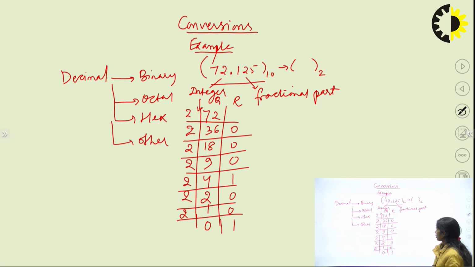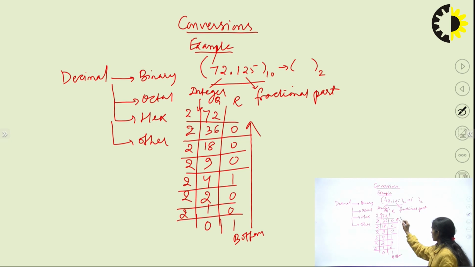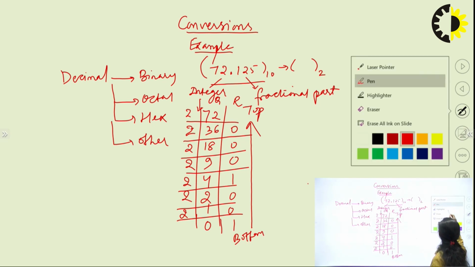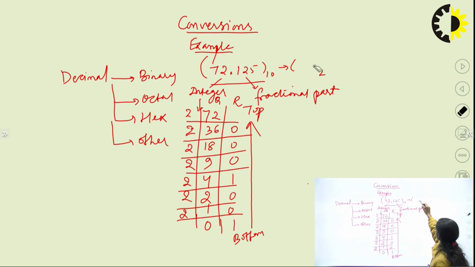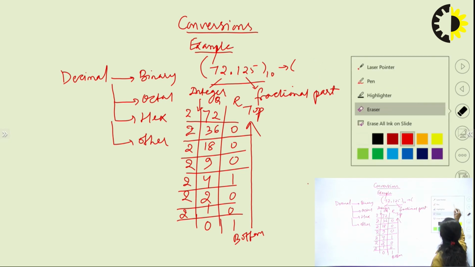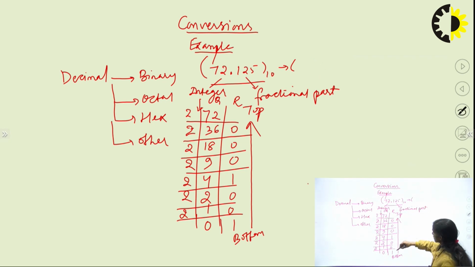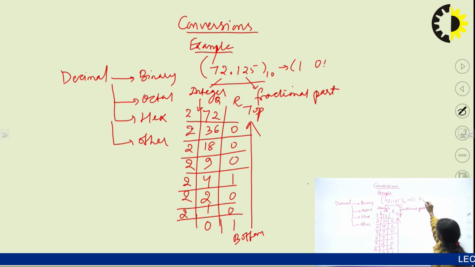And the rule is to take the numbers in a bottom to top approach. So the integer value 72 is represented, taken from bottom to top, as 1001000.